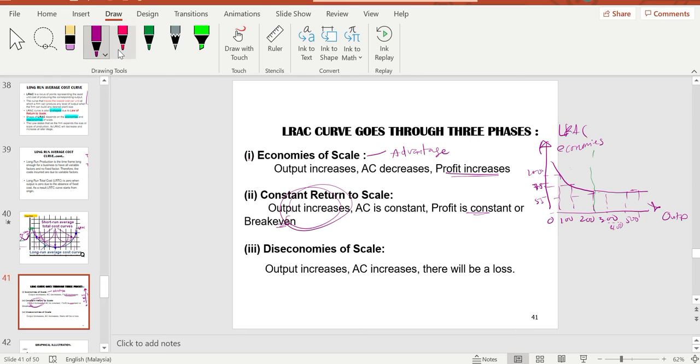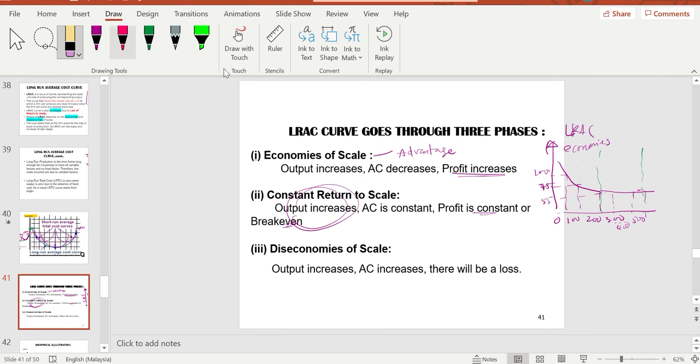Dan satu lagi, bila dah habis constant tu, dia akan start problem. Why? Sebab masa tu kita akan ada masalah apabila kita expand our output 600, 700 dan seterusnya, the cost start to rise, makin meningkat. Long run average cost. So kat sini kan 600 naik, kat sini dia naik 700 pun lagi tinggi, kos dia makin meningkat naik ke atas.